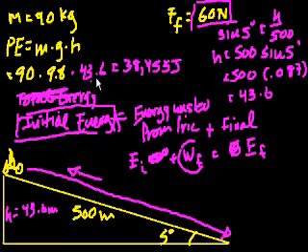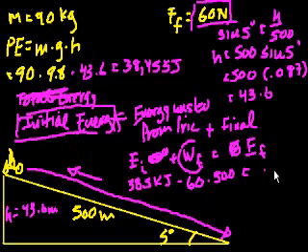Well, initial energy is, let's just say, 38.5 kilojoules. What is the negative work that friction is doing? Well, it's 500 meters, and the entire 500 meters, it's always pushing back on the rider with a force of 60 newtons. So force times distance, so it's minus 60 newtons, because it's going in the opposite direction of the motion, times 500. And this is going to equal the final energy.